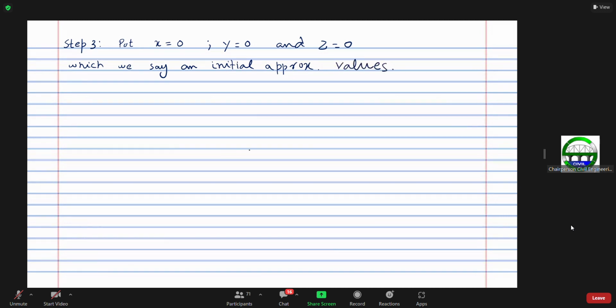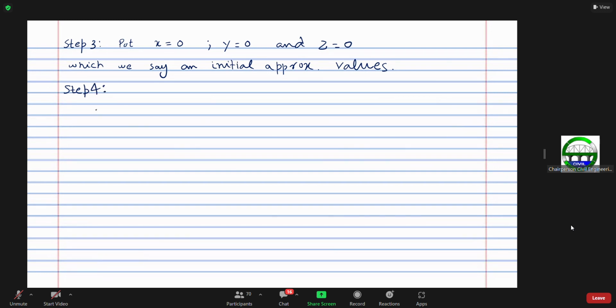So what did we do? We put the values of x, y, and z equal to 0. And now we will put them in the first iteration. Okay, so this is your third step. And now step 4. In step 4, we will start iteration.